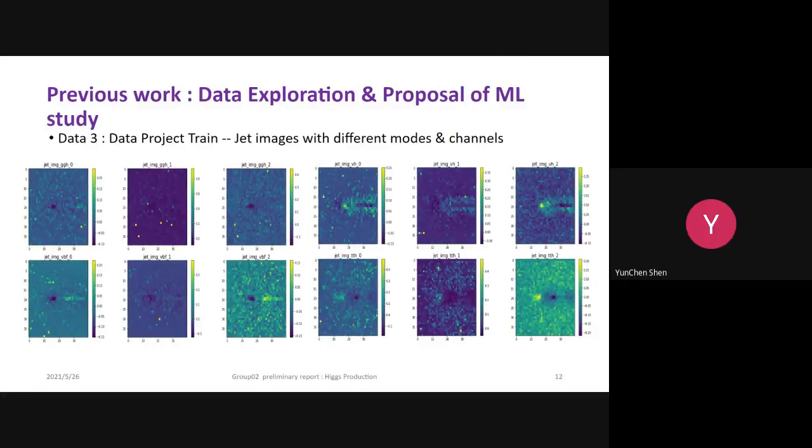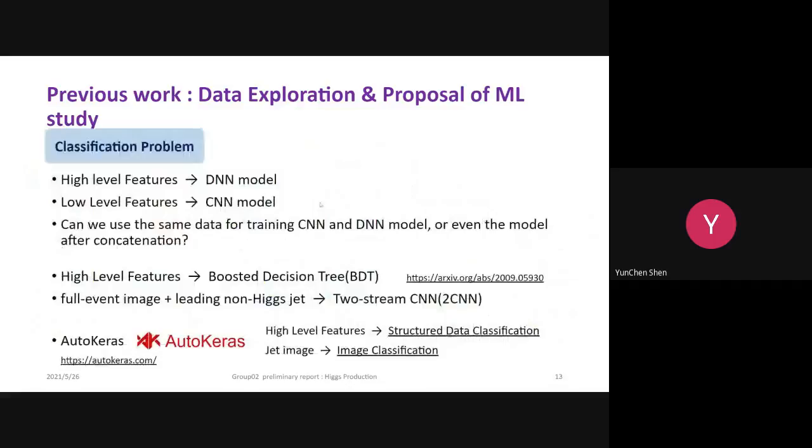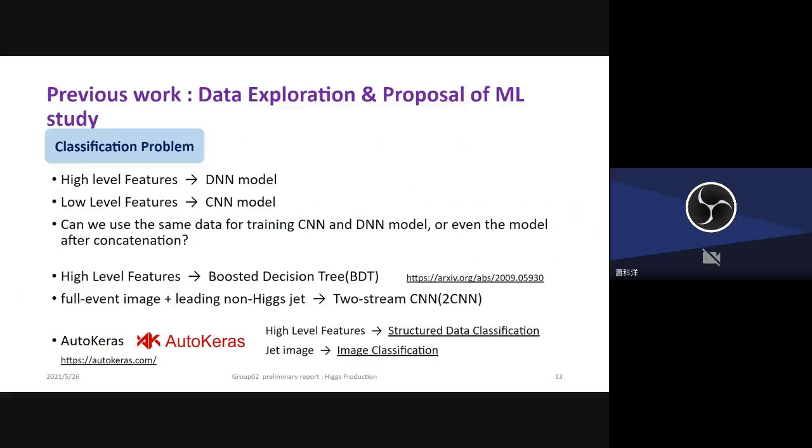Okay, then the next page. As a result, we know that we can train high-level features with a DNN model and low-level features with a CNN model.